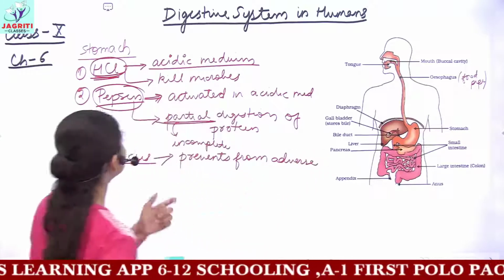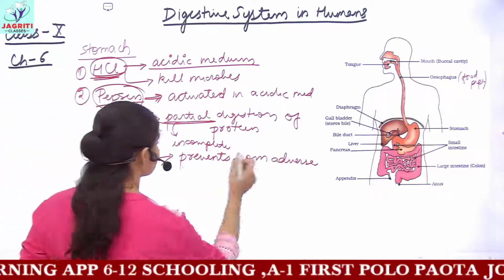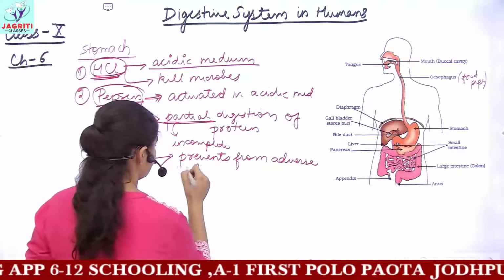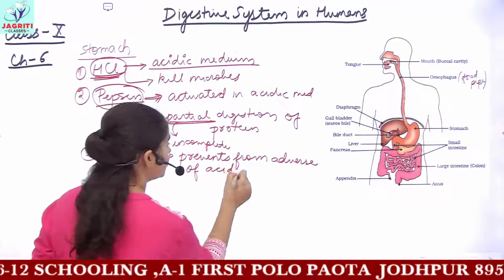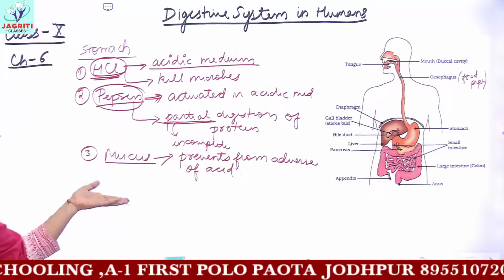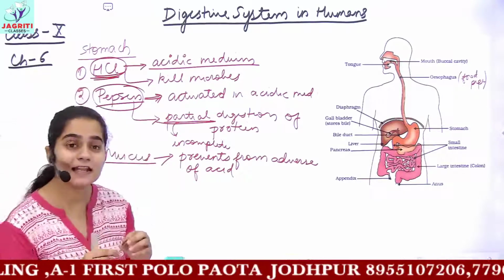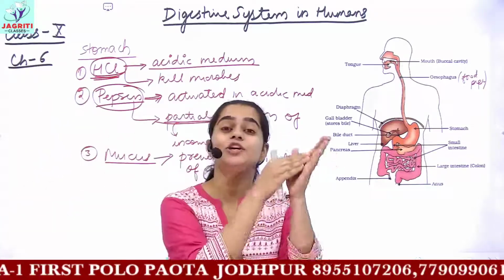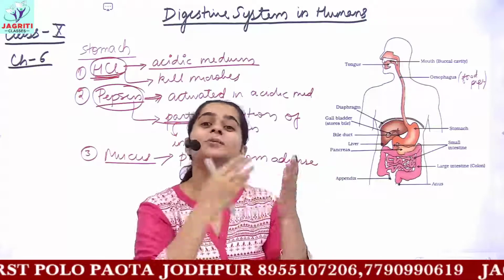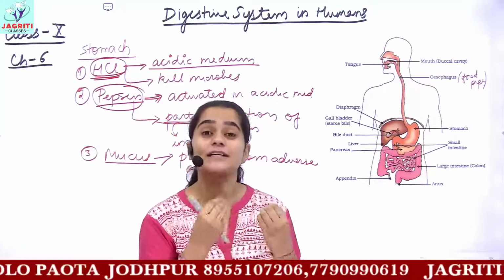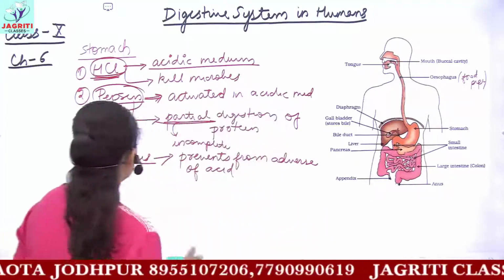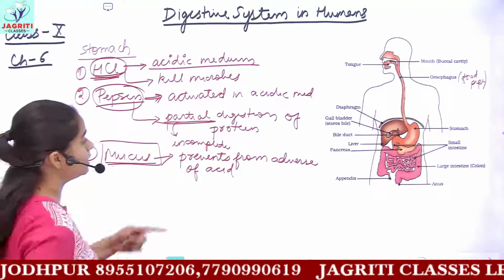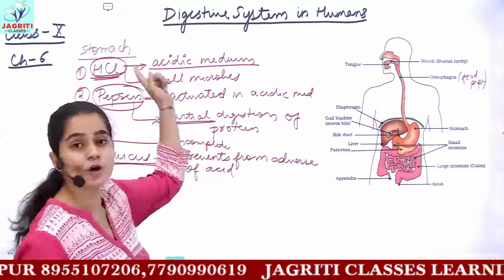And which acid? HCl, or hydrochloric acid. Okay, because if mucus would not be present and this HCl got in contact with your stomach walls, it would in turn burn the walls, or it would produce an inflaming sensation. So this mucus helps in the prevention of adverse effects of HCl.